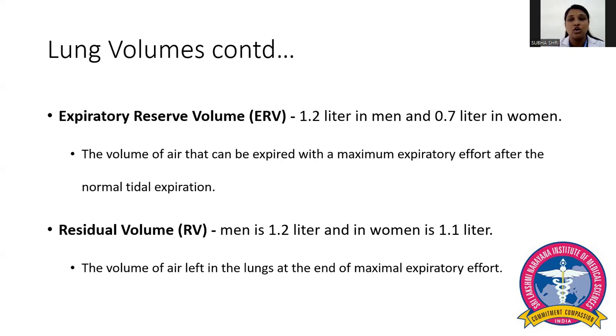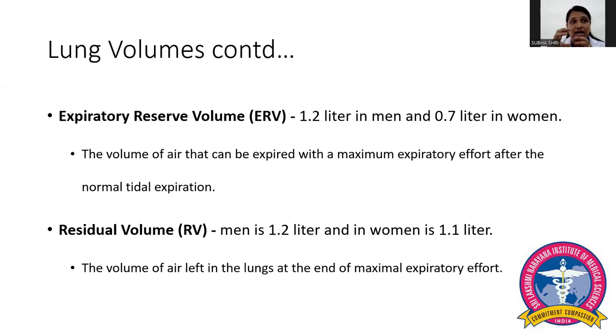The fourth volume is residual volume. So what is residual volume? Residual, the name says, is which is remaining, right? It is the amount of air remaining in the lungs. It is not the air that is coming out.